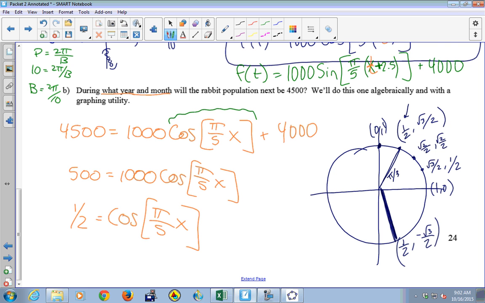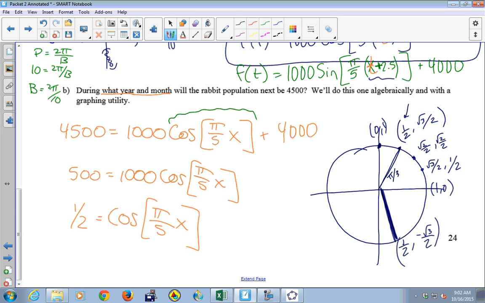You could measure it as a negative, yeah. But the question is asking about, will the population be next 4,500? And so the angles in our example here are times. So I don't really want to use negative angles.